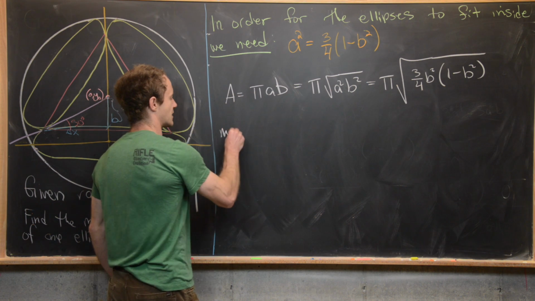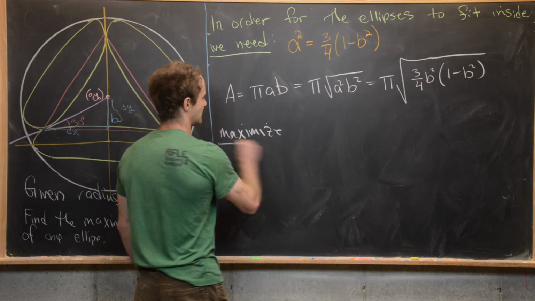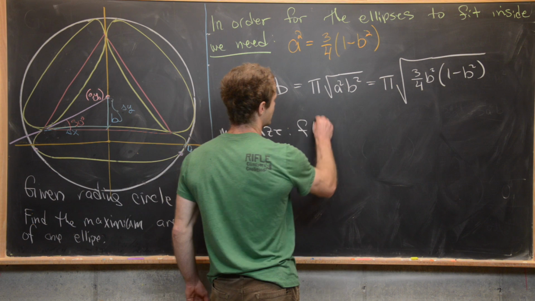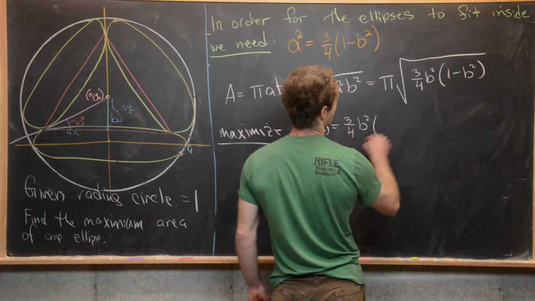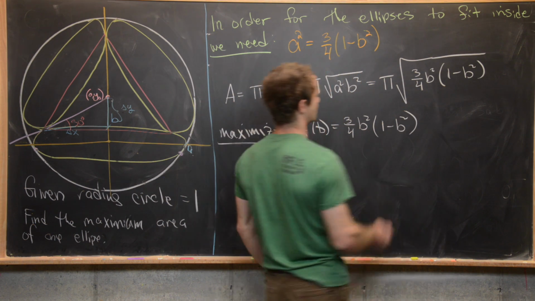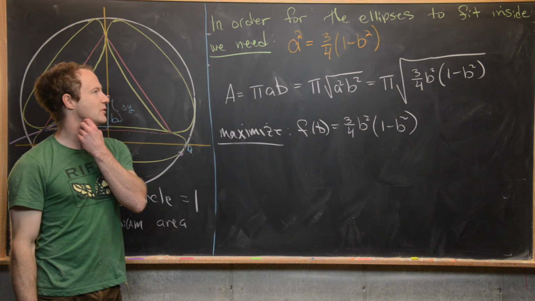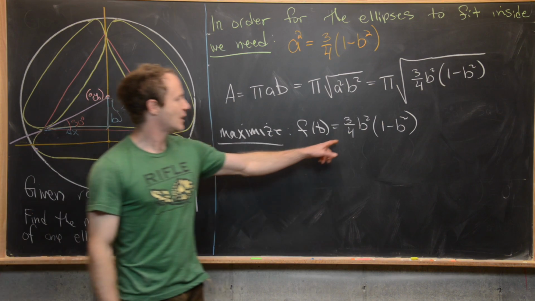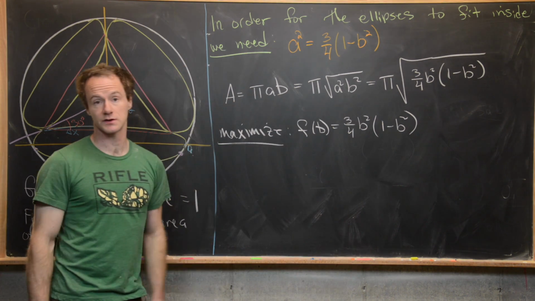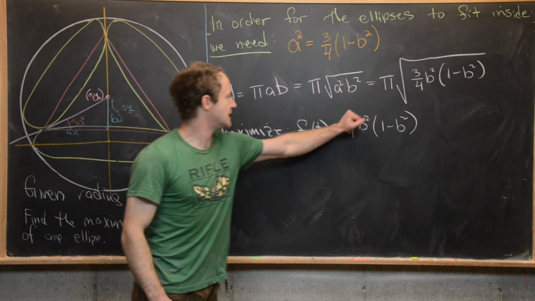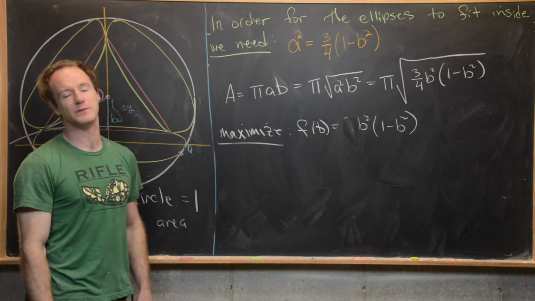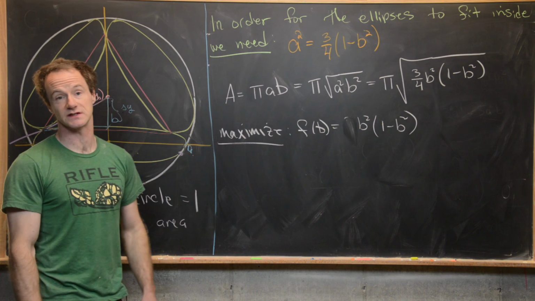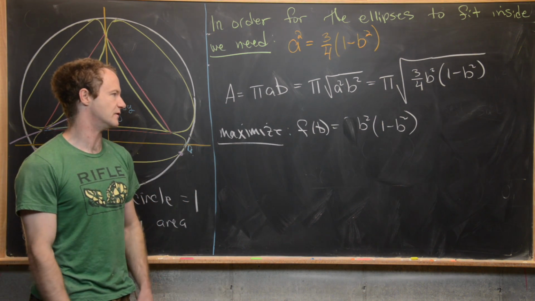So in other words, we want to maximize the equation, maybe I'll call it f of b, which is 3/4 b squared times (1 minus b squared), like that. But I maybe want to point out here that we don't really need the 3/4, and that's because we'll get the same maximum value for b whether or not the 3/4 is in there. Remember, we just want the value of b here.